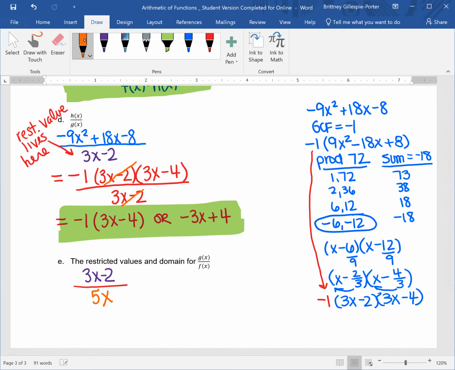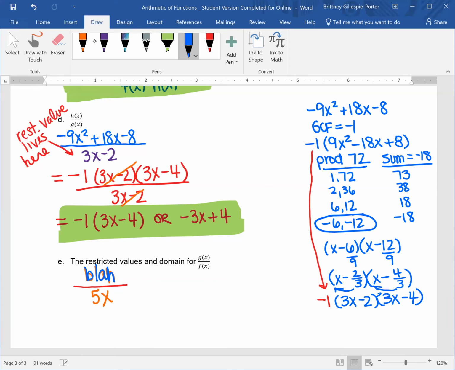I did this so you could get used to seeing g of x over f of x, but really the only thing we need to know is what's in the bottom. So the top can be anything. It doesn't matter because our restricted values come from the denominator.